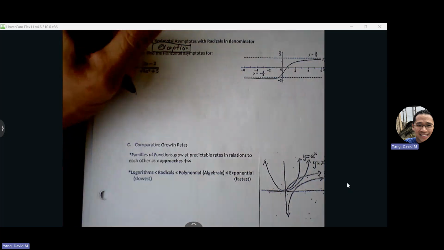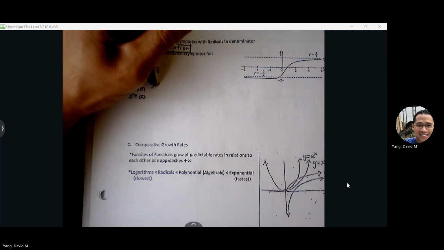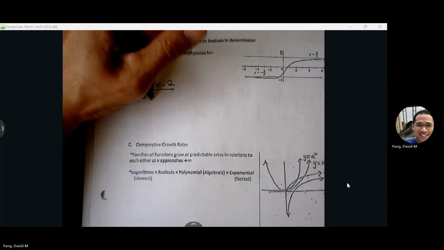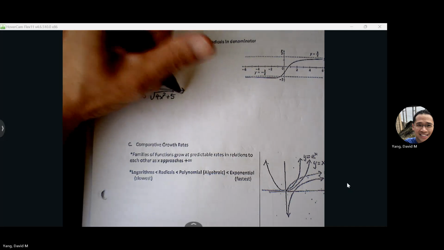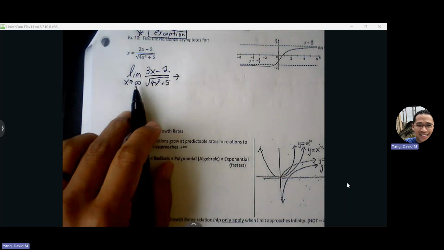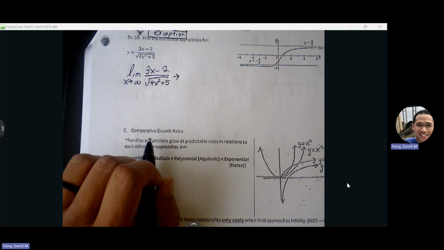Okay. So the way we find them is we do the limits as x approaches infinity of the expression that we see. And we know that the degrees are the same. We're just going to take the ratio of the coefficients. Okay. What's the coefficient of the numerator? 3.